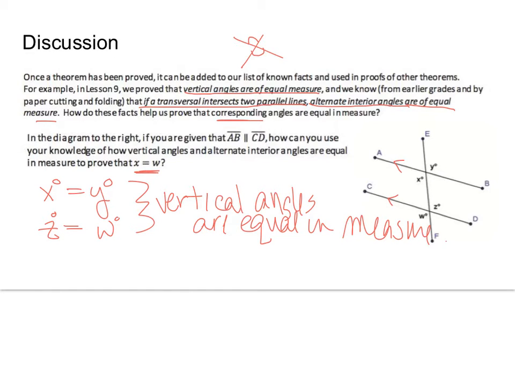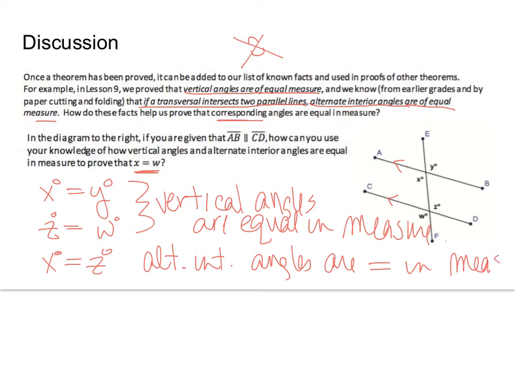Awesome. Okay, what else do we know? Let's talk about the alternate interior. So we know that angle X is equal to angle Z because alternate interior angles are equal in measure. Okay, let's look to see if we can do anything with this. Okay, I always go back to what am I trying to prove now? I'm trying to prove that X is equal to W, and those are all the X's and W's I see.